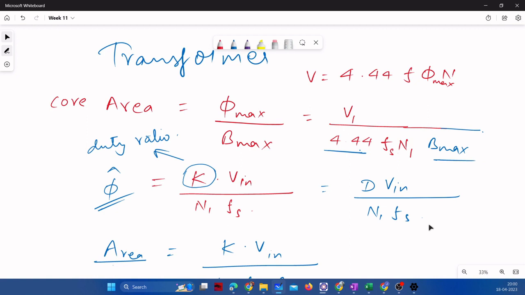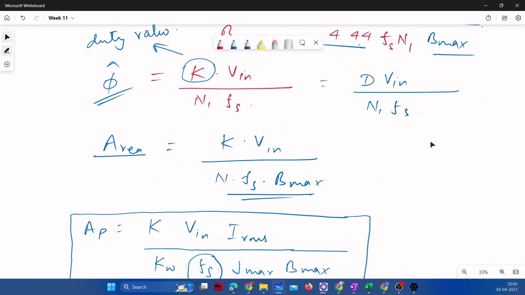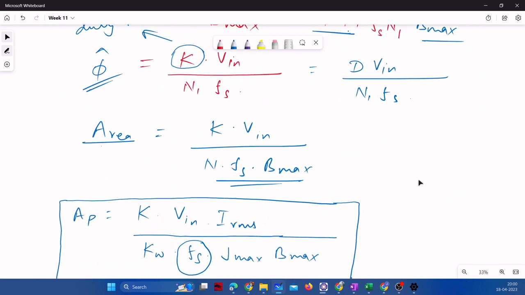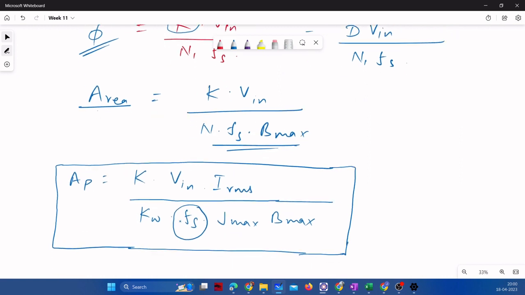Then in area product, sir, if K is equal to, in area product AP, K into V in I RMS divided by Kw Fs Jmax Bmax, Bmax will not be there if it is already taken. K is equal to 1 upon 4.44 into Bmax. Yes, that is also true.